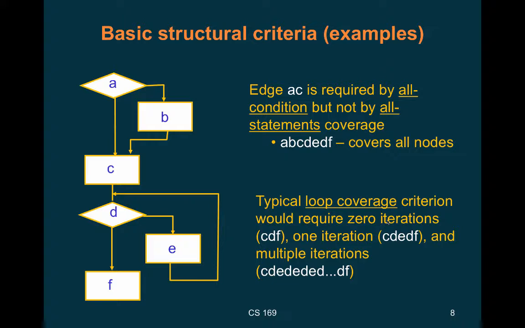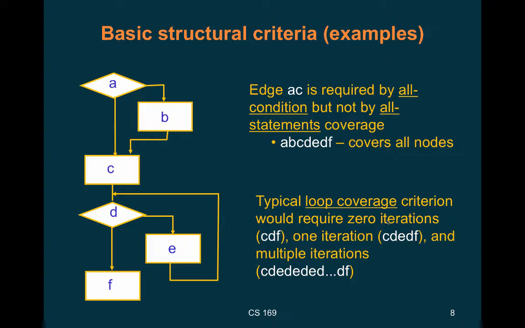So I'll talk some more about statement coverage and condition coverage, but I do want to look a little bit forward, and you can go beyond covering nodes and covering edges. There's a notion of loop coverage. So, for example, here you have a loop body, and you may want to cover this loop with 0 iterations, because you want to make sure that your loop works properly when you don't get into the loop.